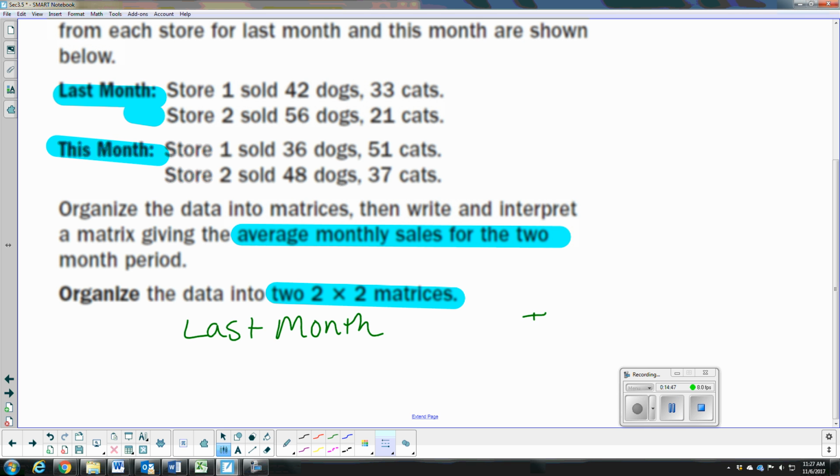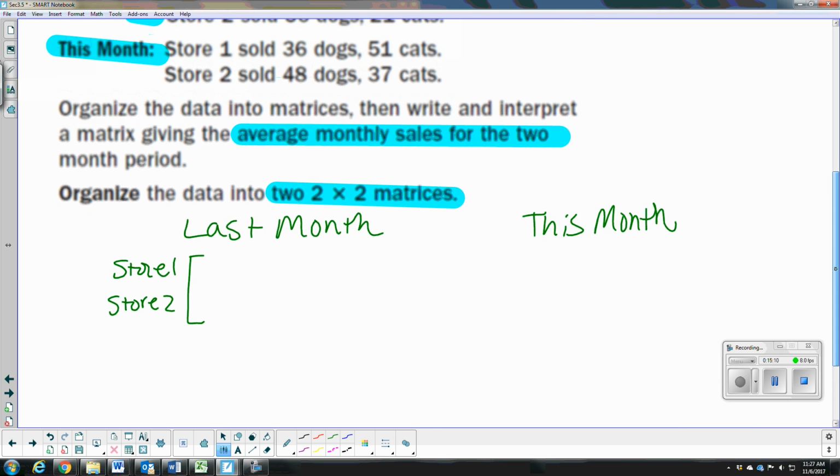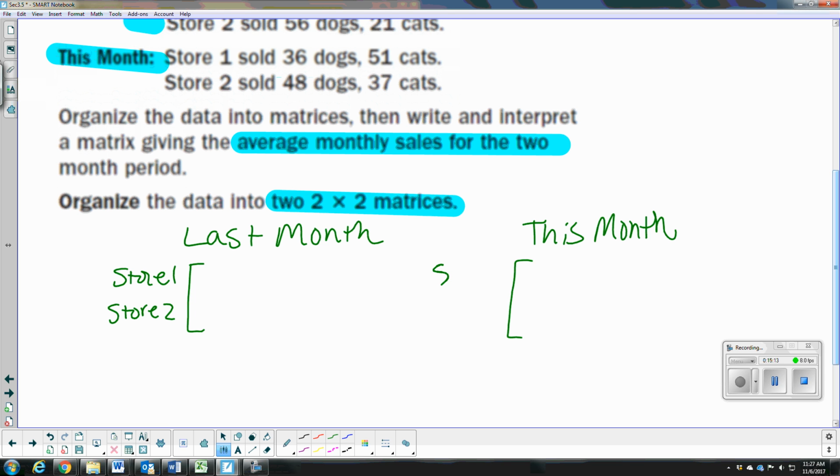And the second one is going to be this month. So in last month, we have 2 stores. We have store 1 and store 2. And we also have 2 stores for this month. Store 1 and store 2. Okay, and then we also have dogs and cats.